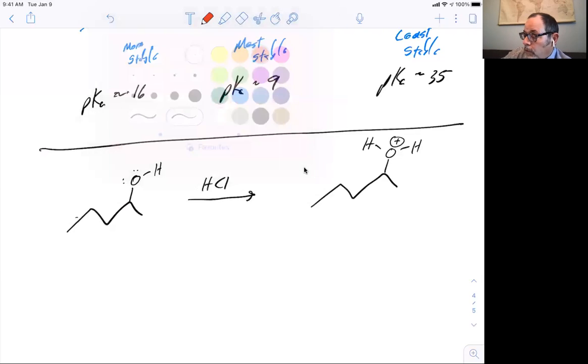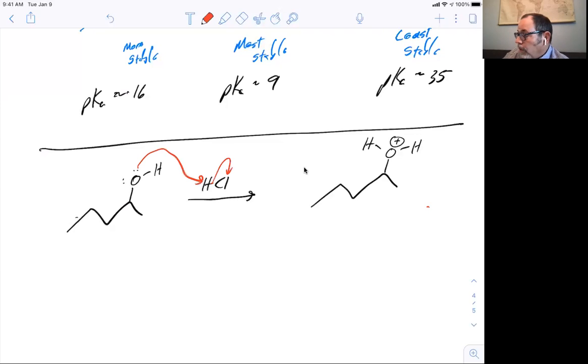So once you get that one drawn, right, it's going to be the movement here. That's the resonance. I didn't draw the chlorine, probably should have. Chlorine's out there.